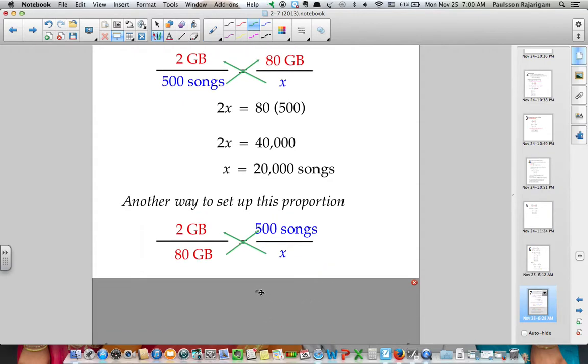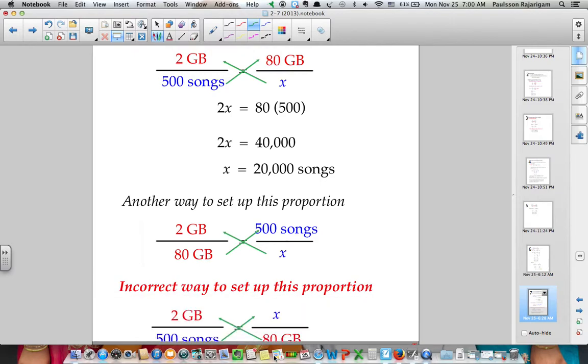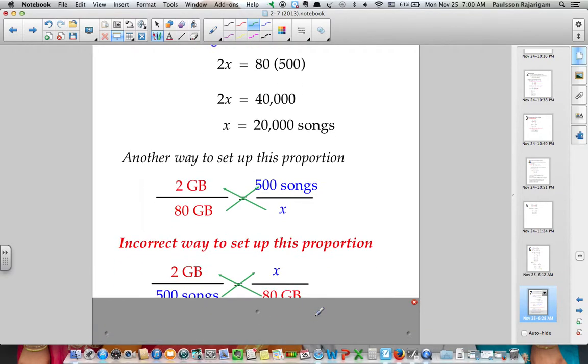But you cannot set up the proportion this way. If you do this, you're going to end up with 2 times 80 equals 500 times x. 2 times 80 is 160. Let me show you why this won't work.